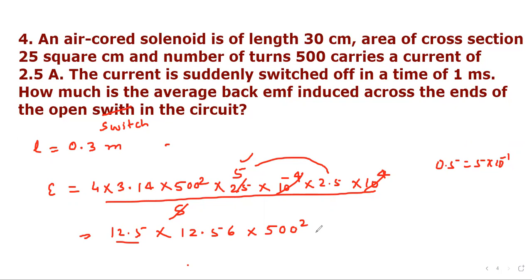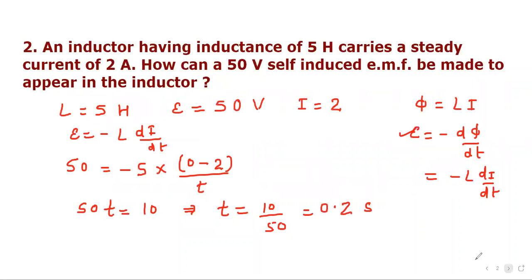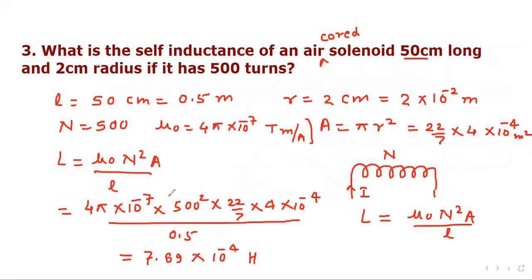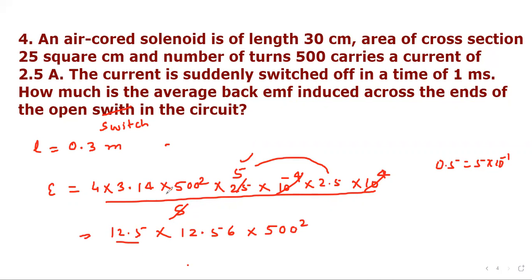So here we have missed one thing. If you go back to what we left, this 4 pi into 10 to the power minus 7 term is missing, because L was mu naught into N square A upon L. So here value of mu naught is 4 pi into 10 to the power minus 7.